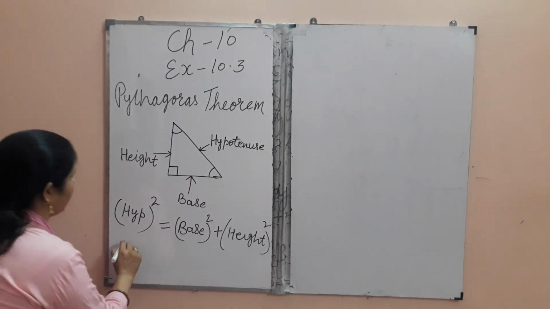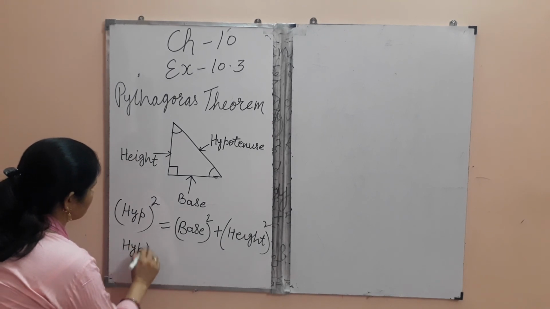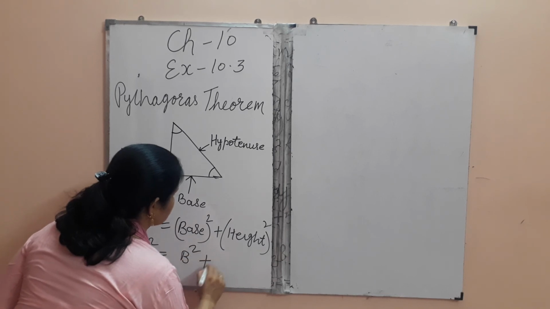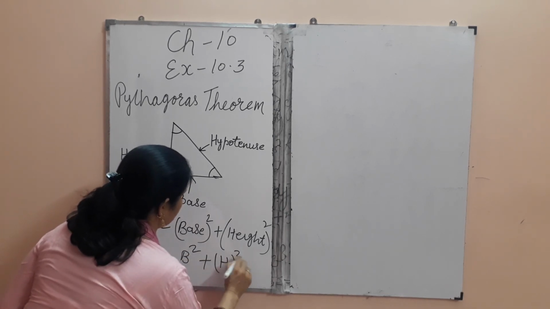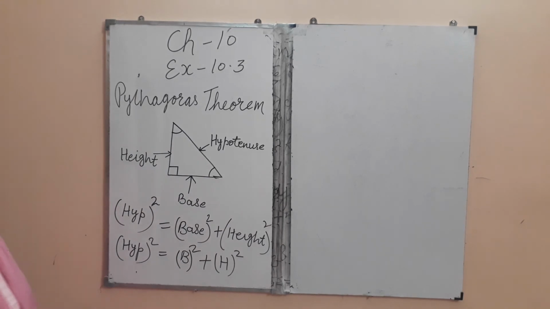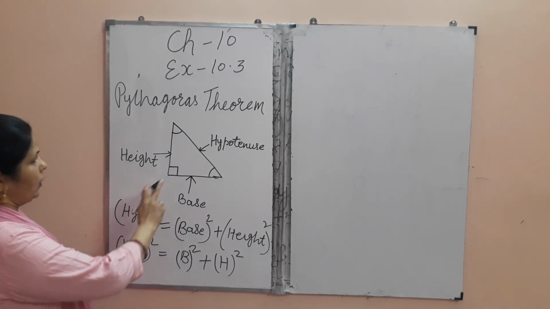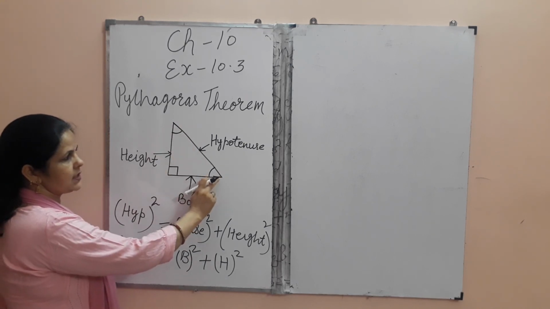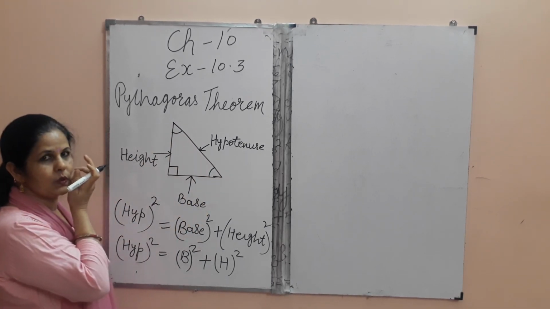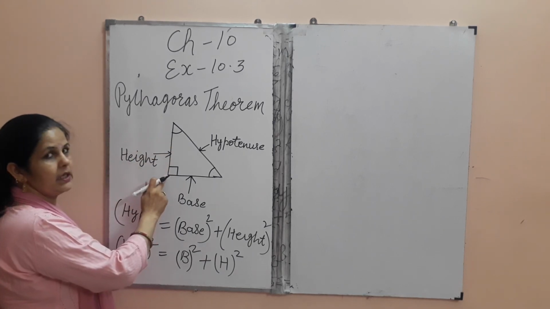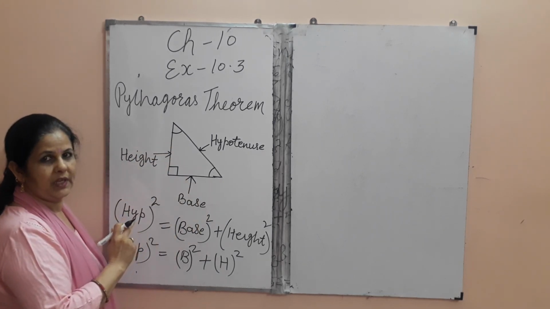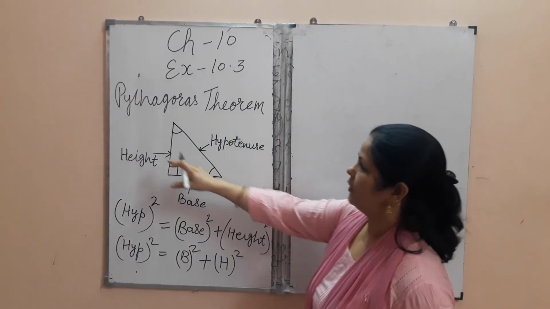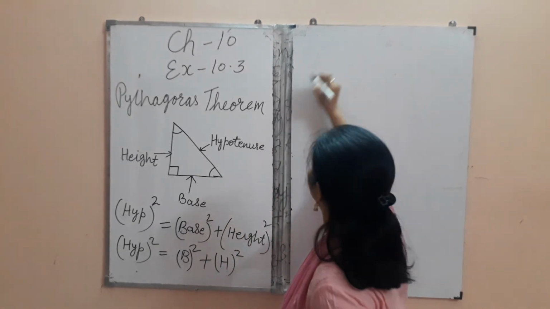In short form we can write hypotenuse square equals base square plus height square. Understood? So according to the Pythagoras theorem, the square of the hypotenuse will be equal to the square of the size of this side, height plus base. Understood?